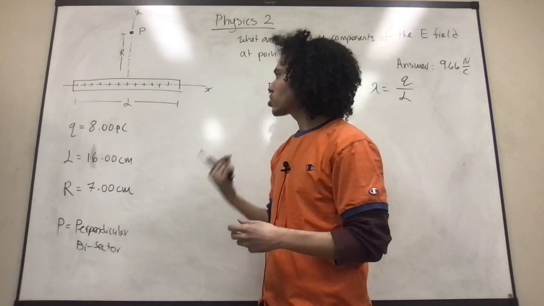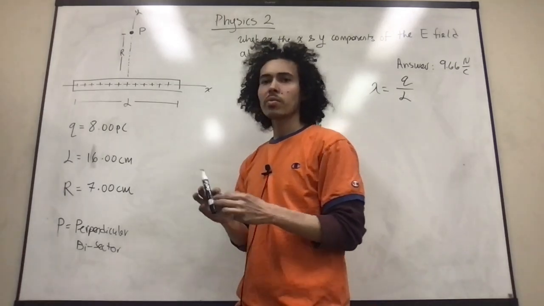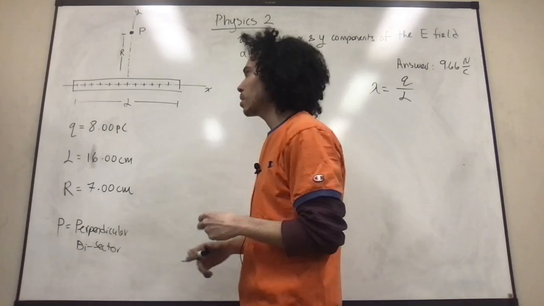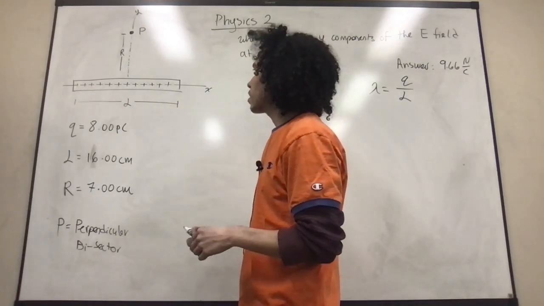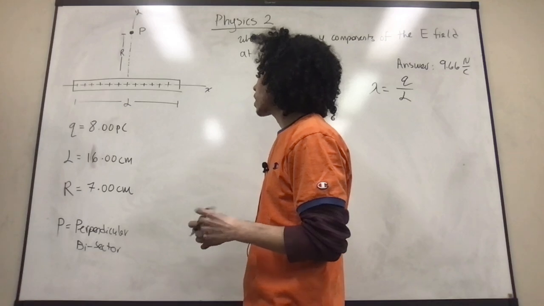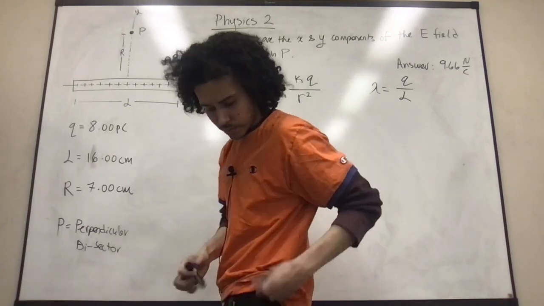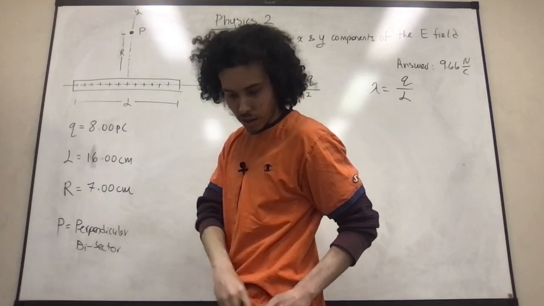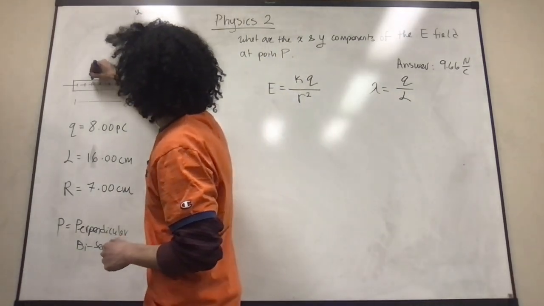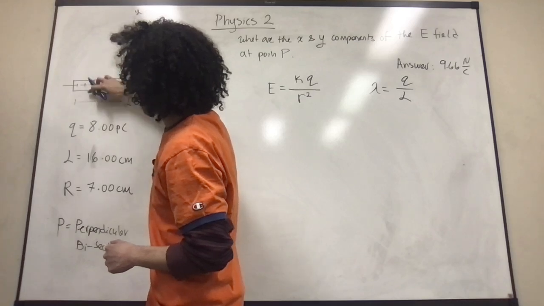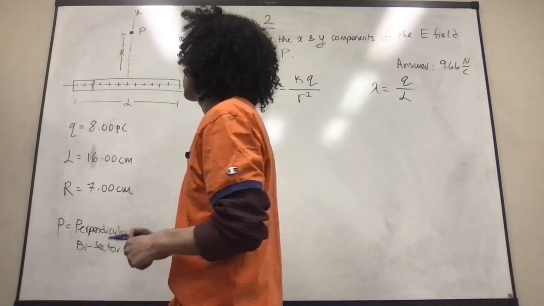Because this is a charged rod, it's not a single particle. It's got many little particles inside of it. We can say that there's an infinite amount of small charged particles inside of it. Let me use the blue one. This little small section here, we can say that's one particle.